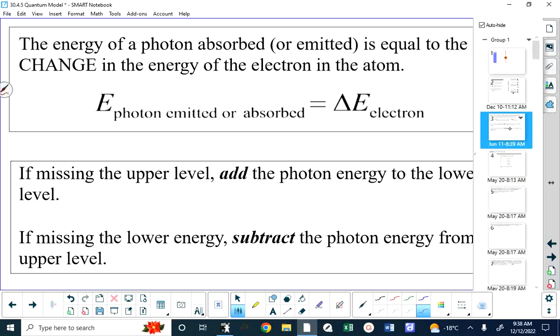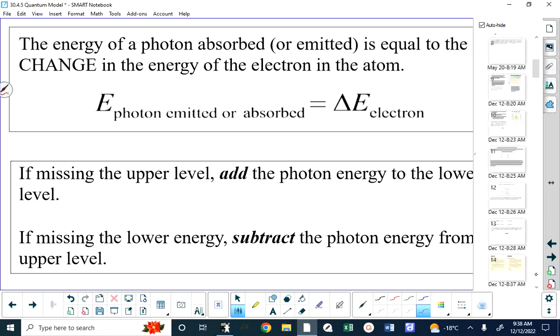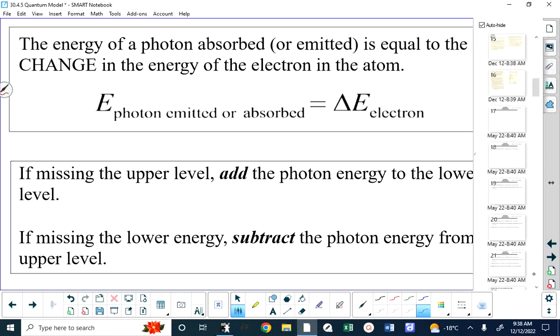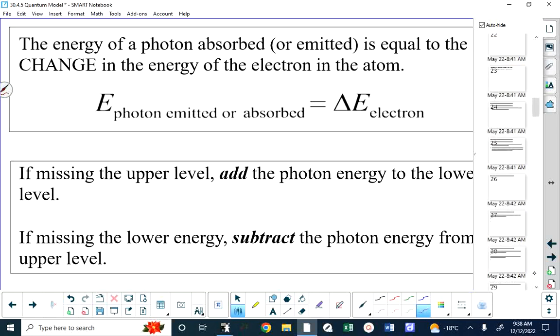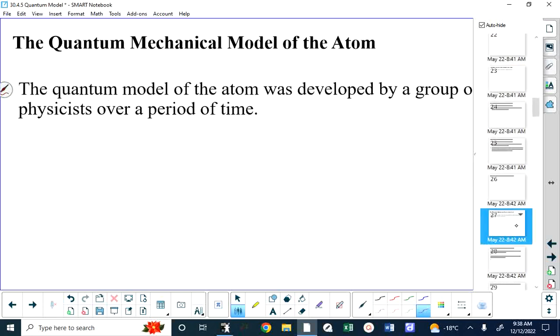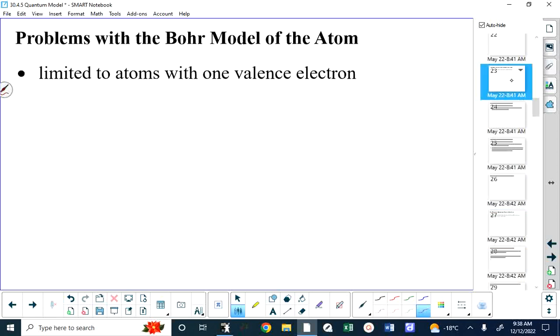His idea is still right, but his formulas only work for those group 1A elements. And when I say limited to atoms with one valence electron, these are the atoms I'm talking about: hydrogen, lithium, sodium, potassium, rubidium, cesium, francium.